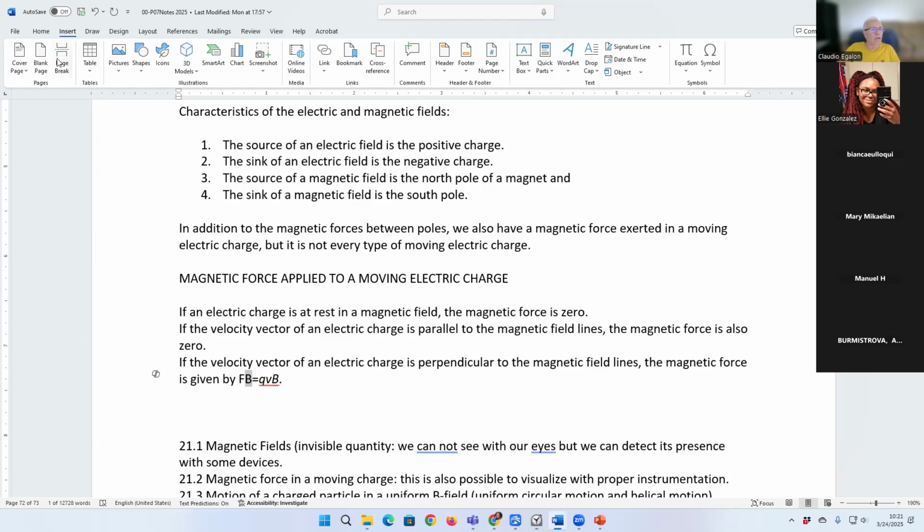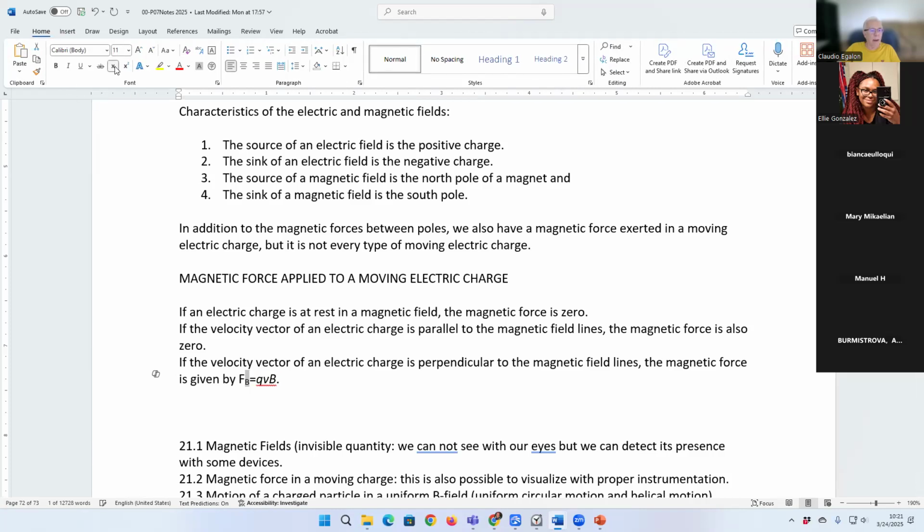And there is more. It's not just that. You have to know too the direction of the magnetic force. The magnitude of the magnetic force is given by that, and its direction is given by the right hand rule.